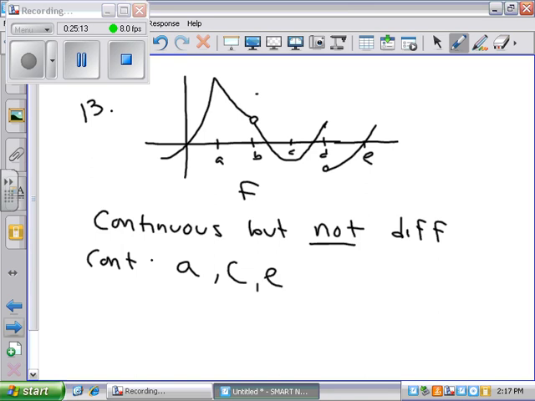But it's differentiable at C and E. So the answer is A. You got that one? Okay, continuous but not differentiable.